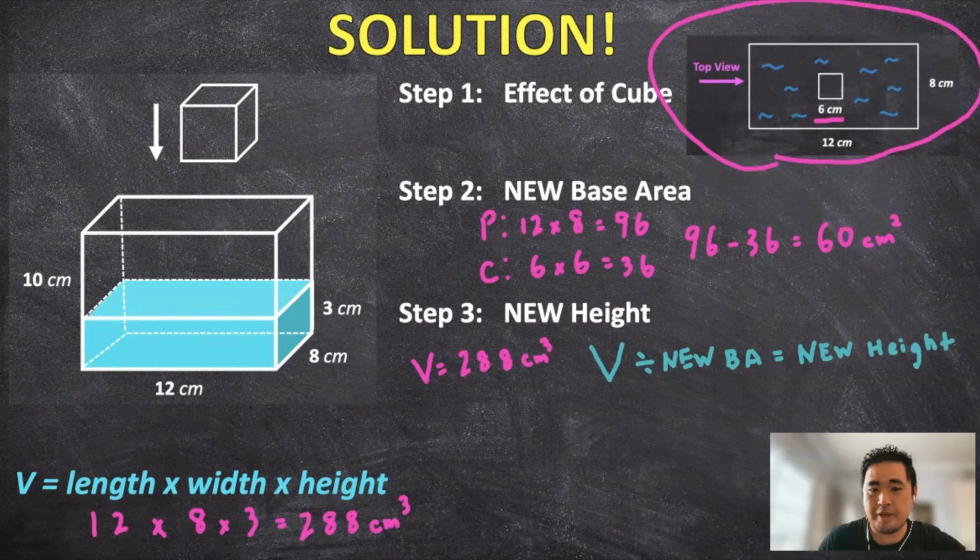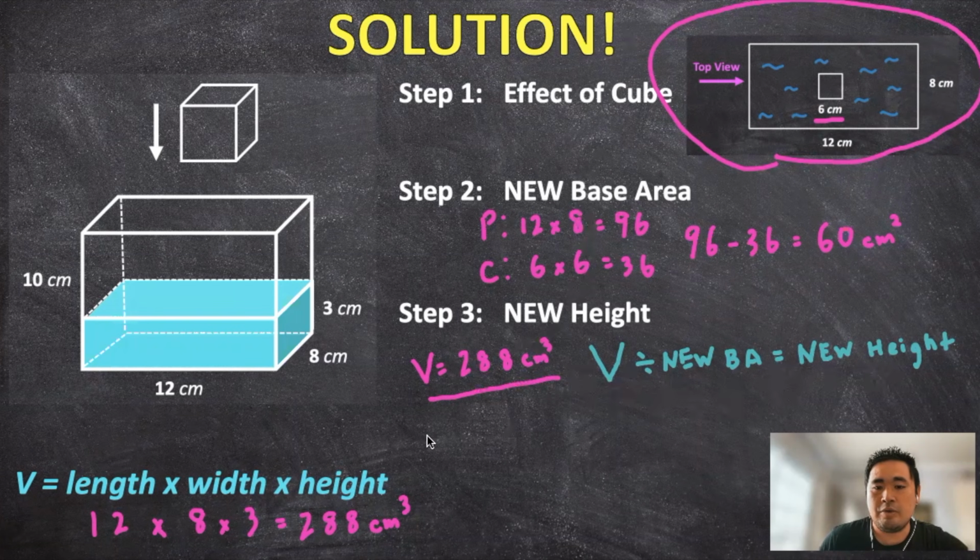Now in step 3, let's think back to our original volume of water, which was equal to 288 cubic centimeters. From there, we can rearrange the volume formula and say that our volume divided by our new base area is equal to our new height.